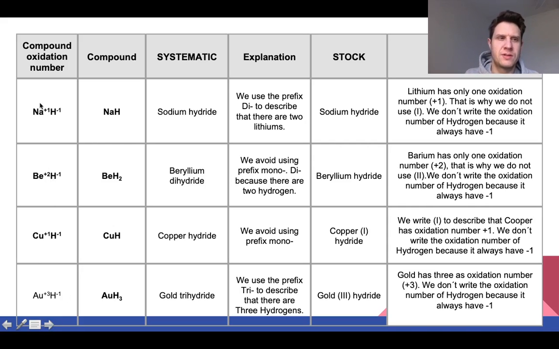We have sodium and hydrogen. We call it sodium hydride. Okay, we have sodium on one side and then hydrogen on the right side. Both of them have the same oxidation number, one and one, so we don't write it.